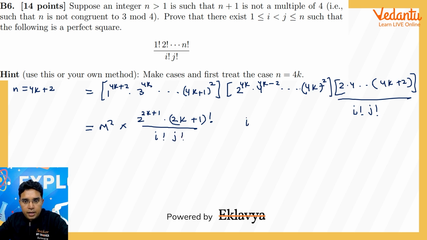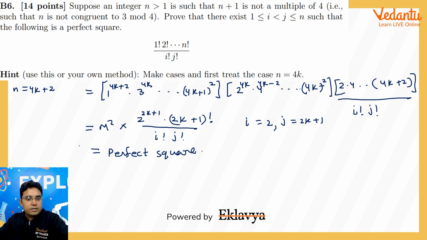So you can see if I take i is equal to 2 and j is equal to 2k plus 1, this will become perfect square, because then this 2 will reduce this power of 2 by 1, so this will be perfect square, and this j is equal to 2k plus 1 if we put, this will get cancelled and we will be getting perfect square.